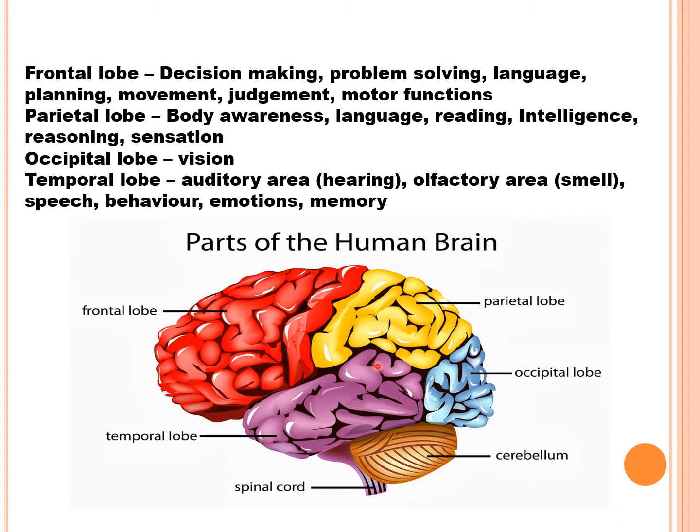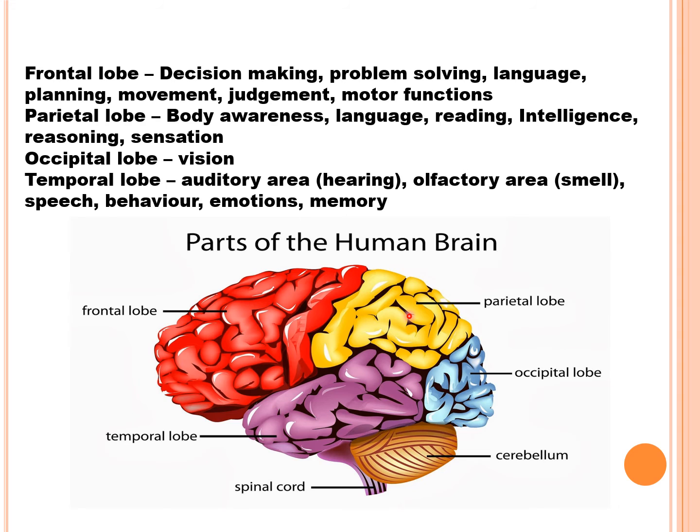The cerebrum has four lobes, each carrying out a different task. The lobes are the frontal lobe, the parietal lobe, occipital lobe, and temporal lobe. The frontal lobe is responsible for decision making, problem solving, language, planning, movement, judgment, motor functions.